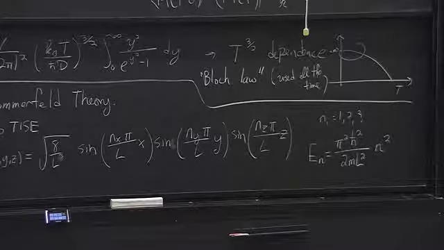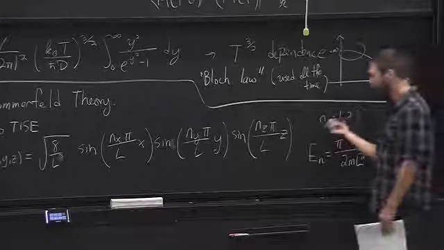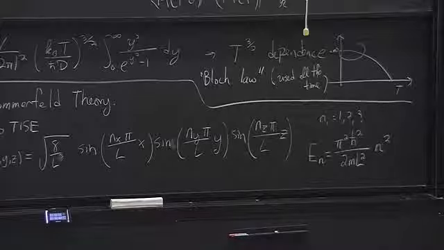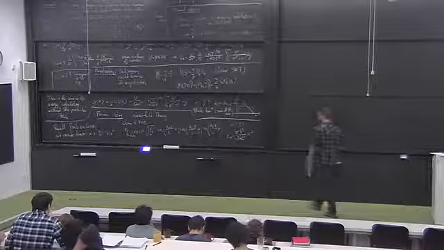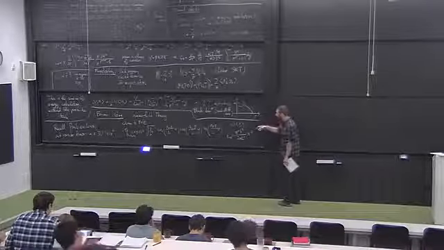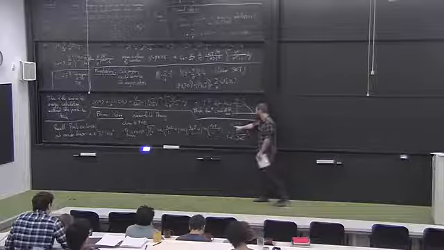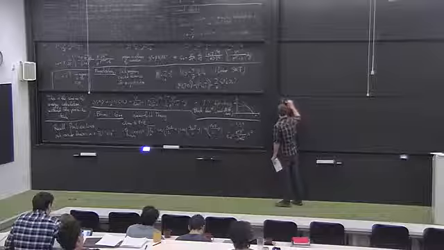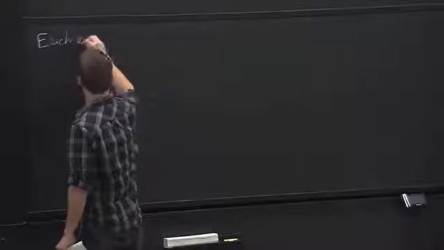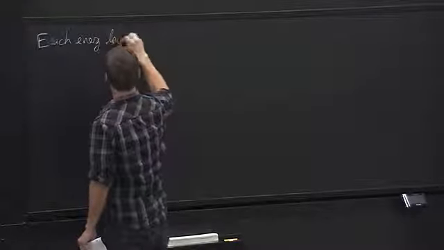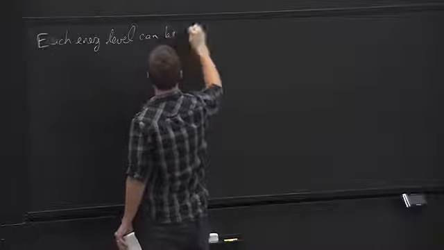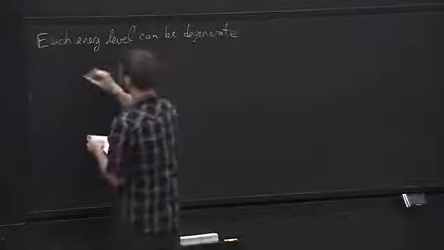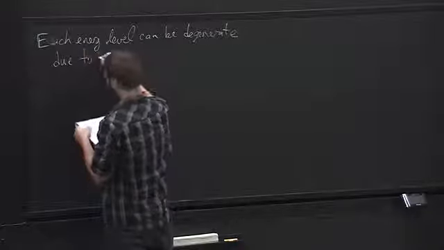And the quantum mechanics comes in through the quantization of n. Now each energy level labeled by nx, ny, and nz can be degenerate only due to the spin value.